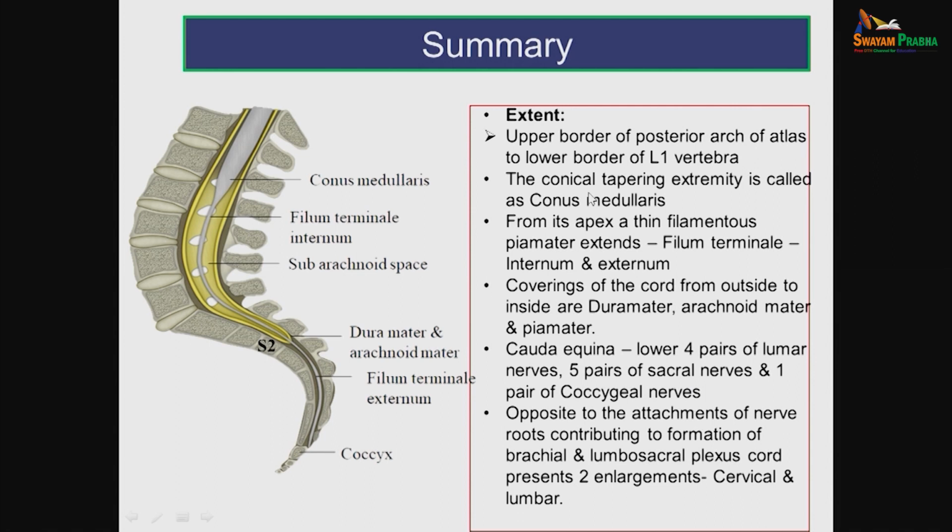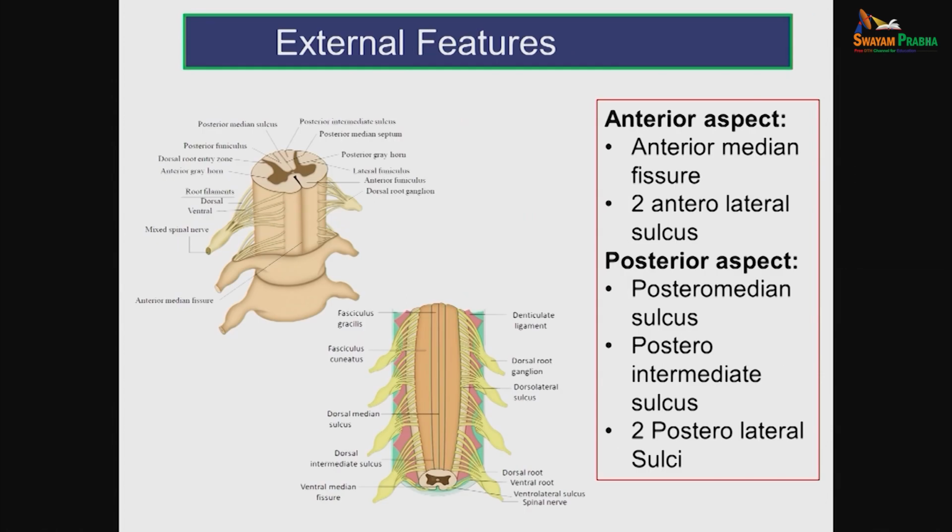We learnt about two enlargements: the cervical enlargement, opposite to the nerve roots contributing to the formation of the brachial plexus, and the lumbar enlargement, opposite to the nerve roots contributing to the formation of the lumbosacral plexus.